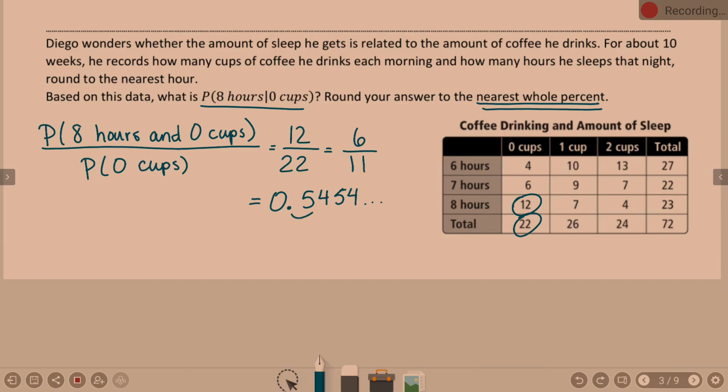What is this when we go to a percent? 54.54%, which rounds to be about what as a whole percent? 55%. So, probability that he will get 8 hours of sleep, given he drinks 0 cups of coffee, is about 55%.